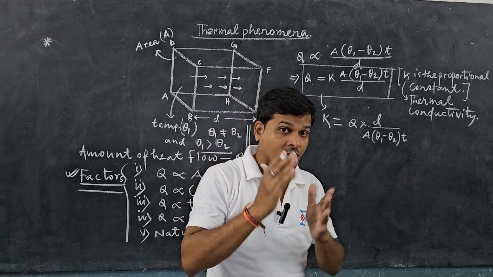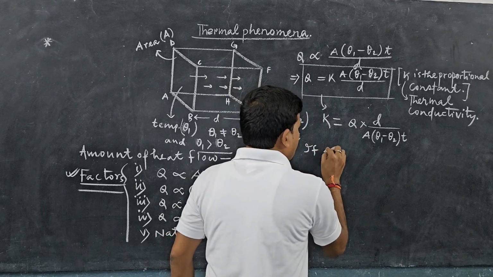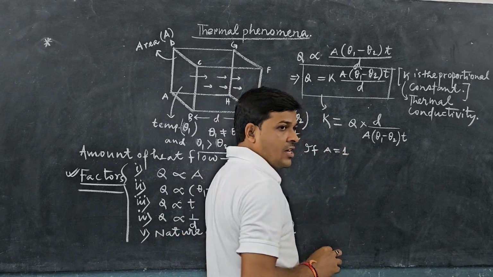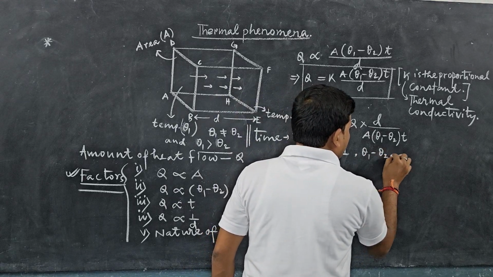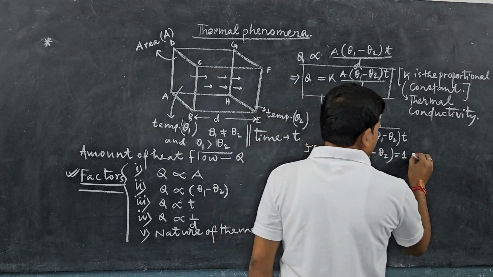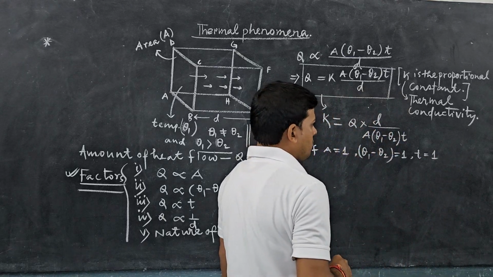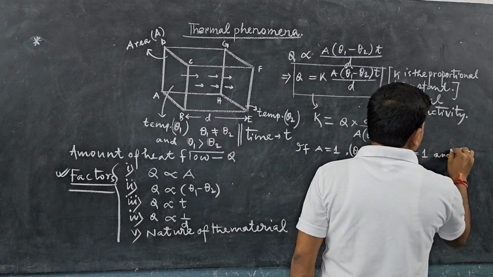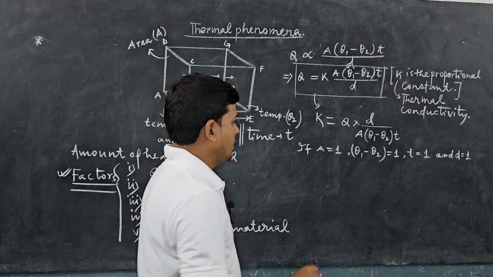First we have to make the denominator 1. So if A equals 1, that means per unit area of cross section, and theta 1 minus theta 2 equals 1, unit temperature difference, T equals 1, in unit time, and D equals 1.